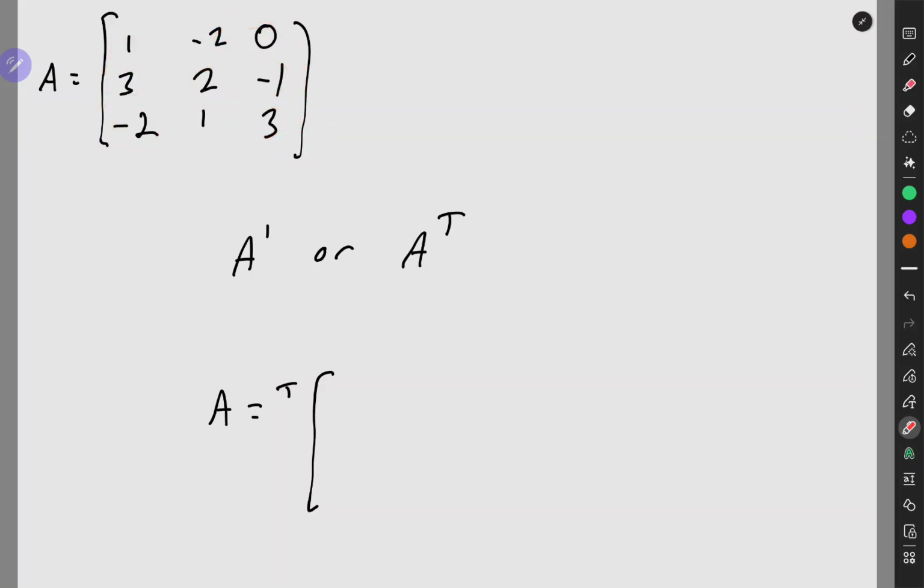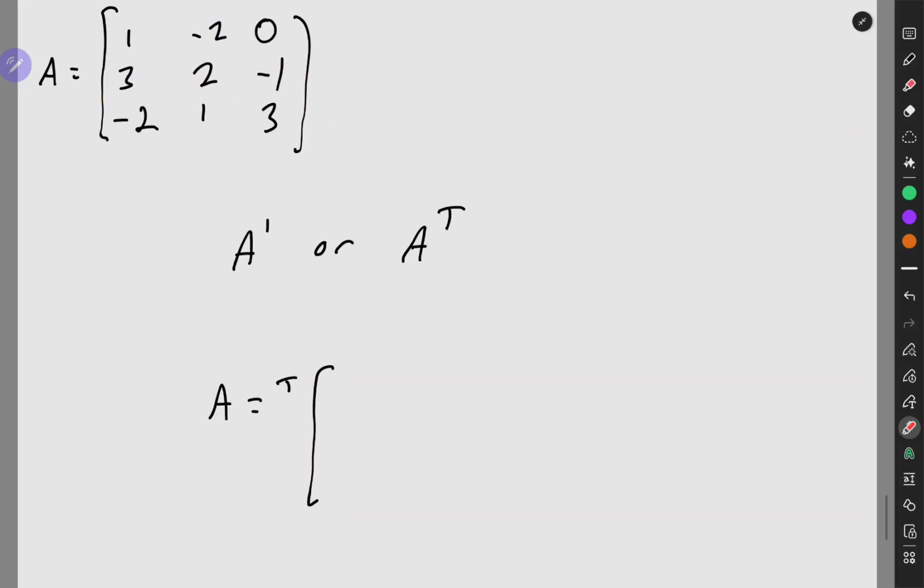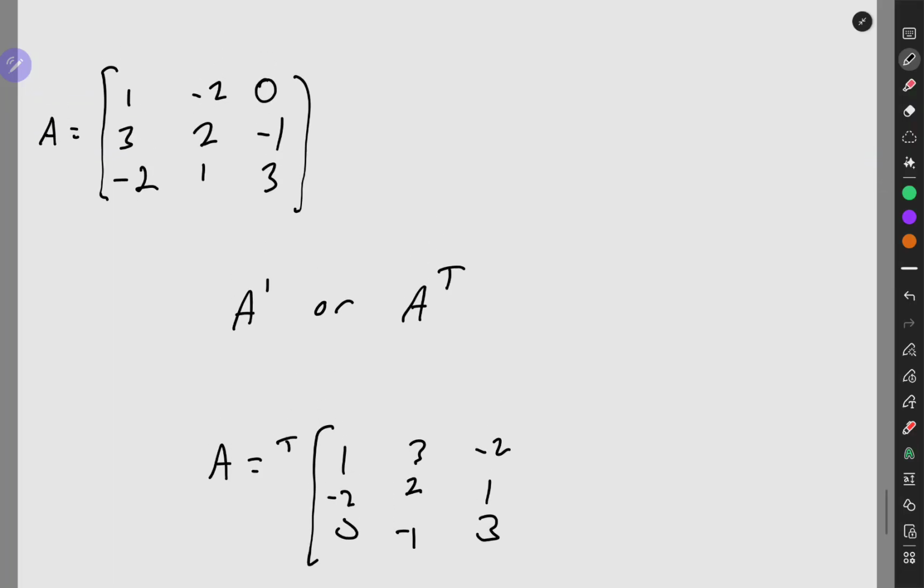You just make the rows into columns, is the way I think of it. So you would have 1, -2, 0, 3, 2, -1, and -2, 1, 3. It's almost like you take the matrix and think of turning it this way.